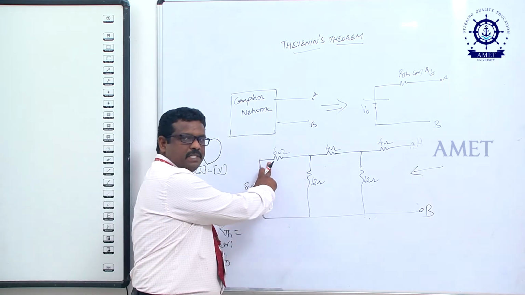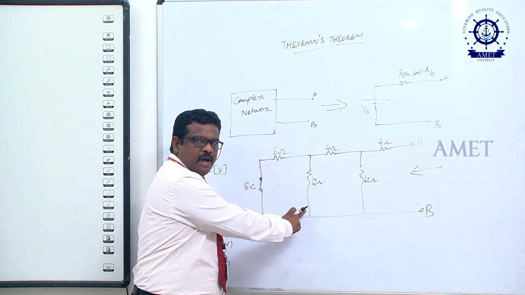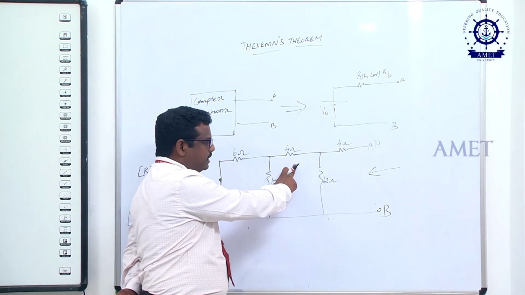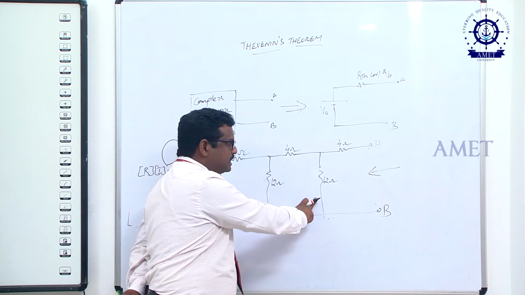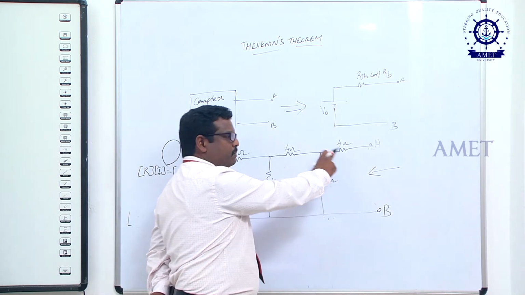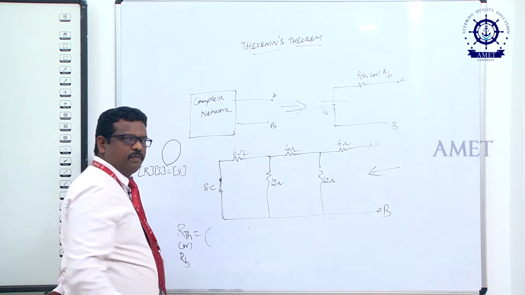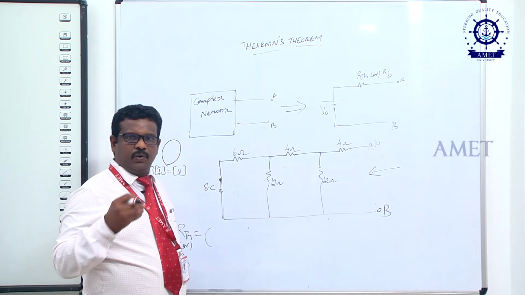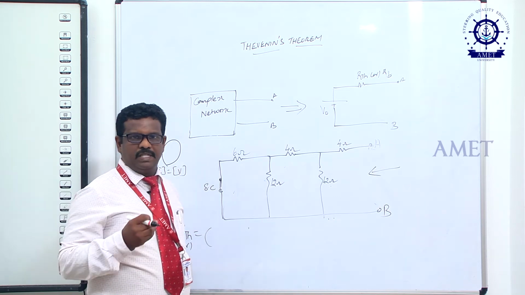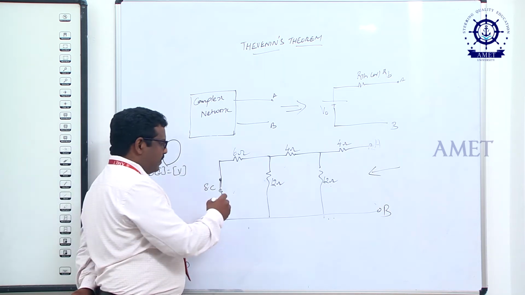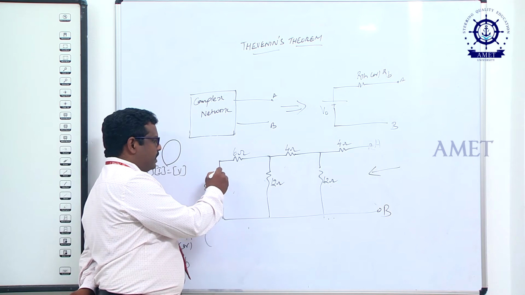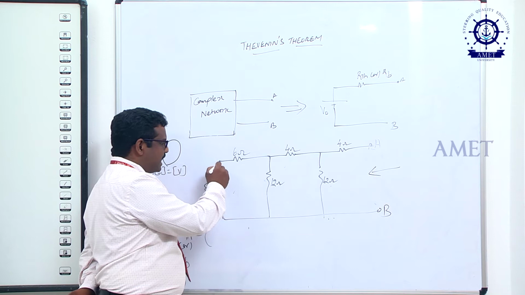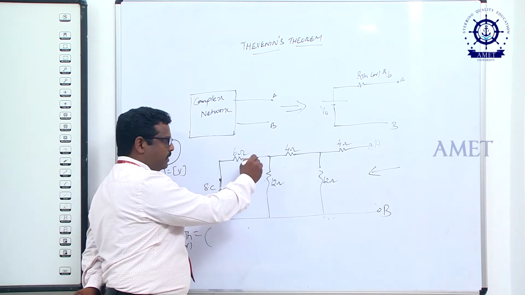Now the 6 ohm resistance and the 12 ohm resistance are in parallel, in series with the 4 ohms, in parallel with the 12 ohm resistance, in series with the 4 ohm resistance. Series-parallel combinations only. How do you know which one is parallel and which is series? Very simple. If the current flows through this path and has no other choice, it has to take the bend and flow through this path, they are in series.